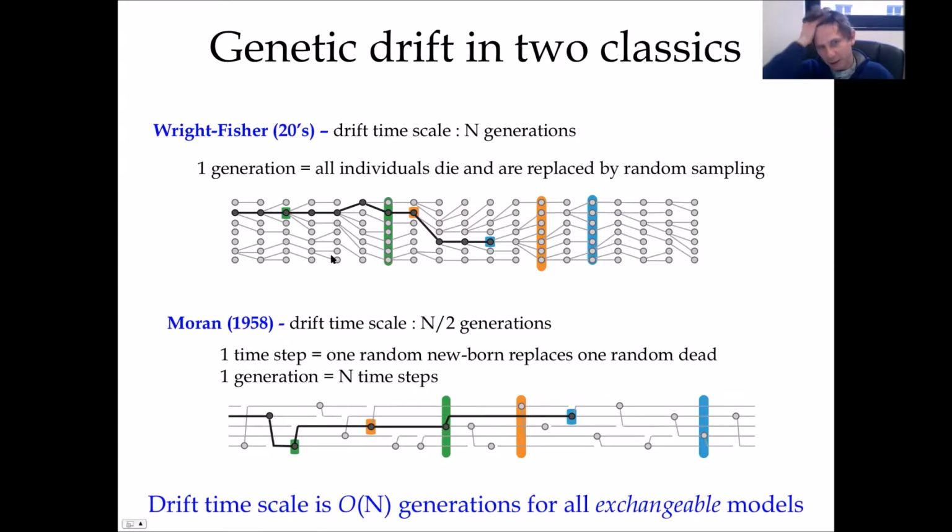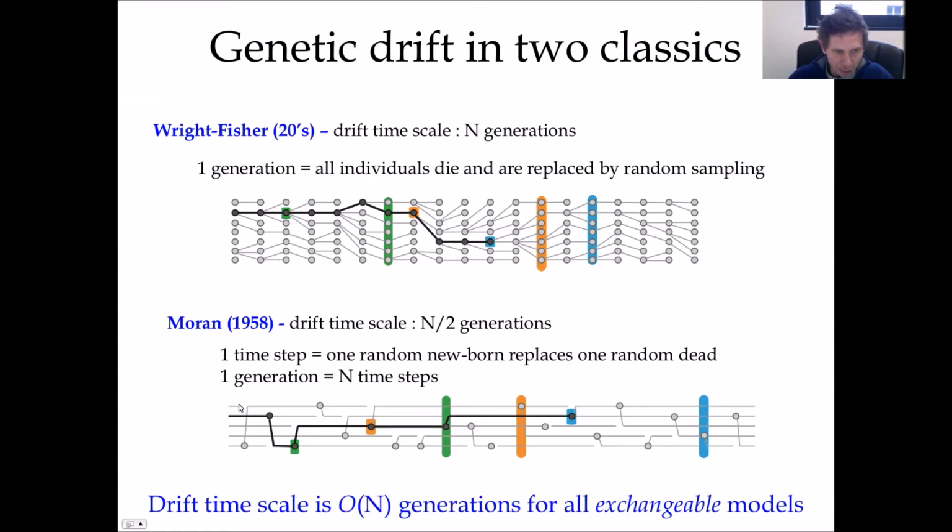Another way, more recent, by Patrick Moran in the 50s, is where now we have time steps and the generations are completely overlapping. At each time step, that could be a random time or fixed time, you pick an individual to reproduce, and here this is this one, and an individual to die, and here this is this one, right?